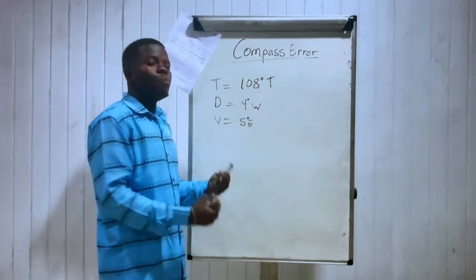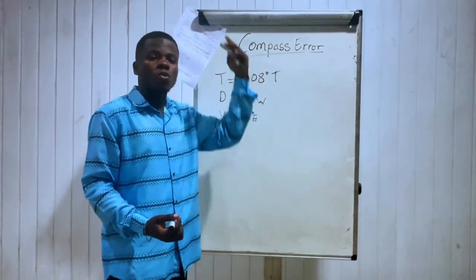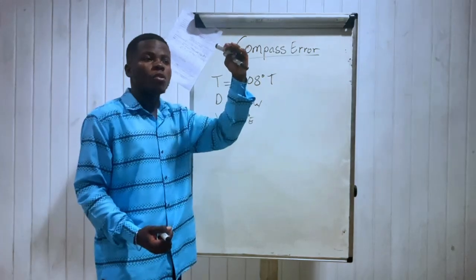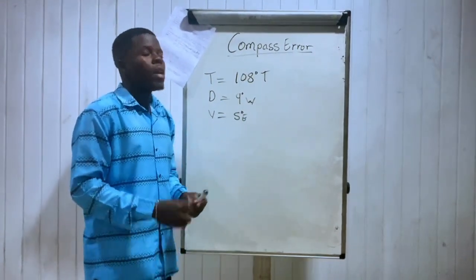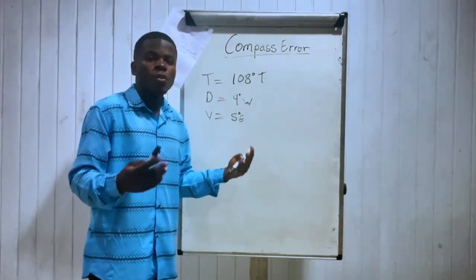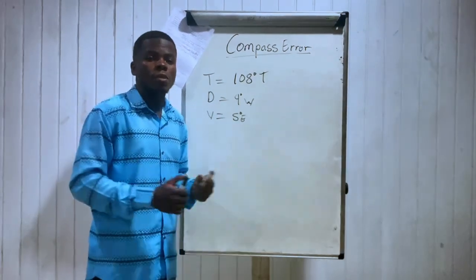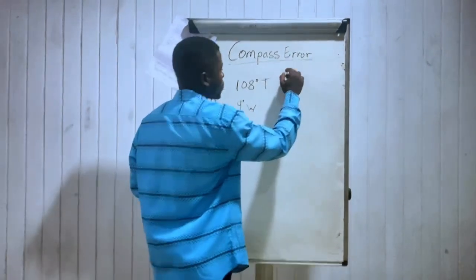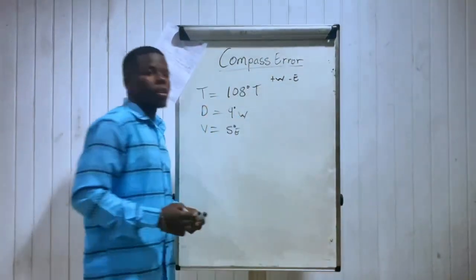So meaning that we are moving from true to compass. When we are moving from true to compass, we know that our west is plus whilst our east is minus.